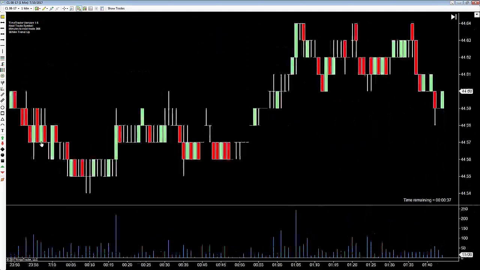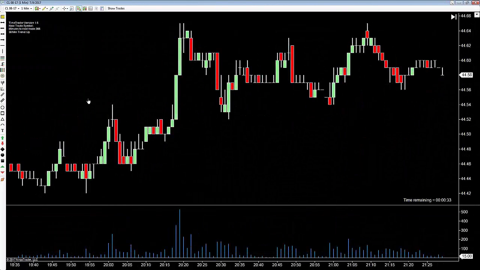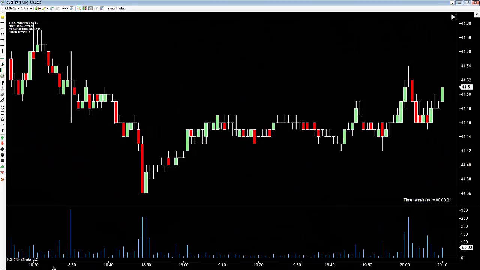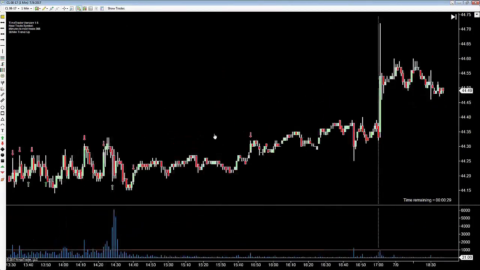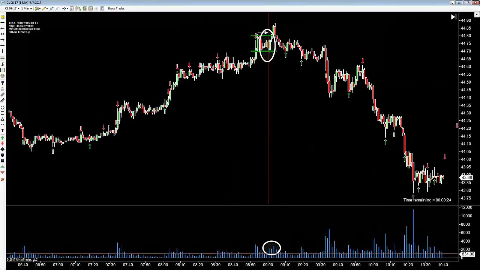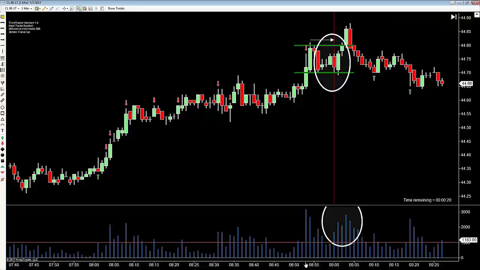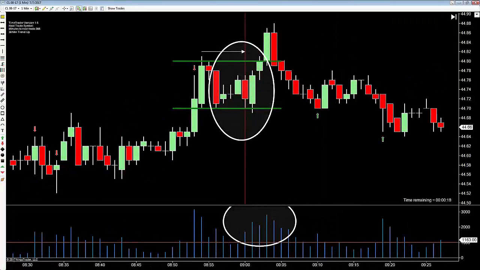There's a nice one. Again, I'll mark my charts up a little bit prior to the open and look for this day here. I circled it.